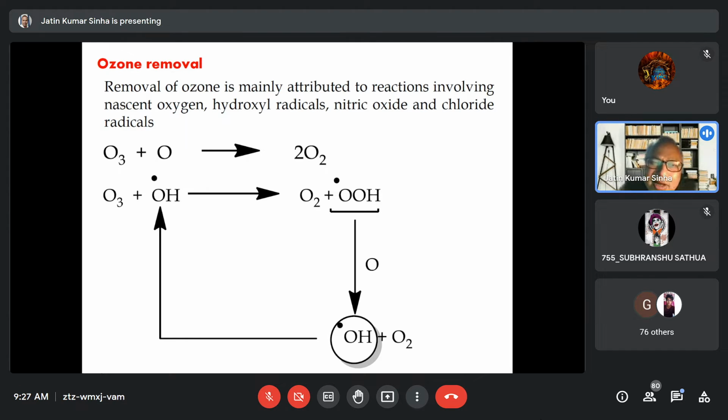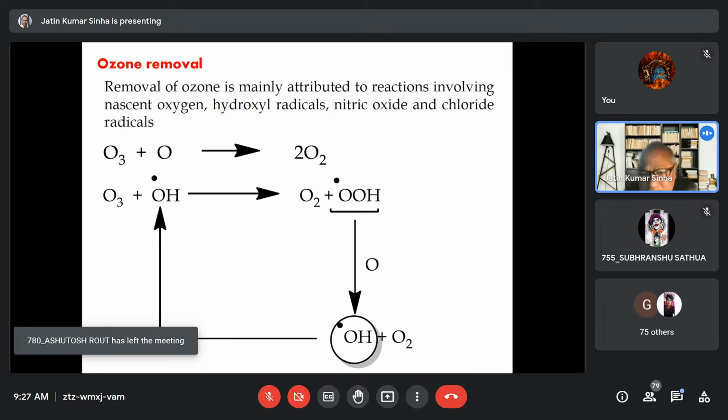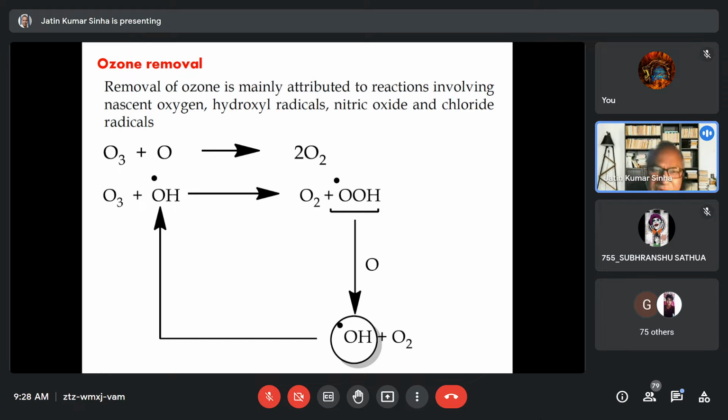The next is the hydroxyl radical. The hydroxyl radical reacts with O3 to give you O2 and peroxy radicals. Then these peroxy radicals, in the presence of nascent oxygen, give you back the hydroxyl radicals. So this is a chain reaction, and one hydroxyl radical can consume many O3 molecules.